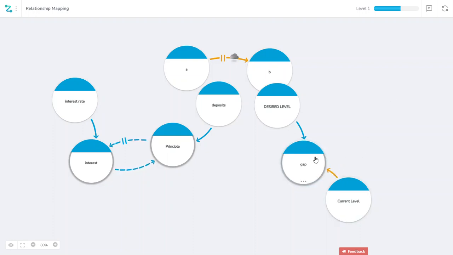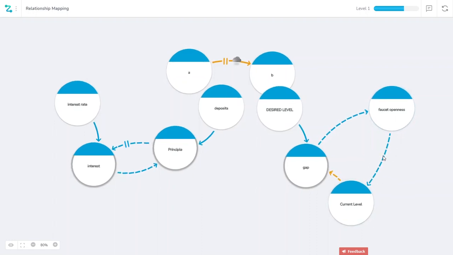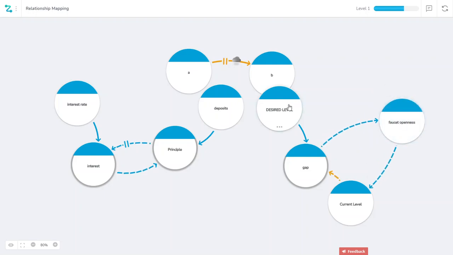But the difference between the two, the gap, causes me to open the faucet so that the water flows, and as the water flows, it actually adds to the current level.